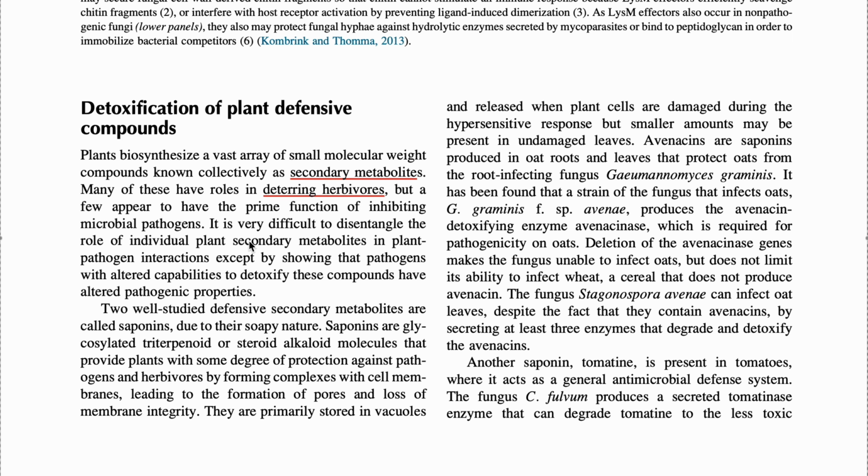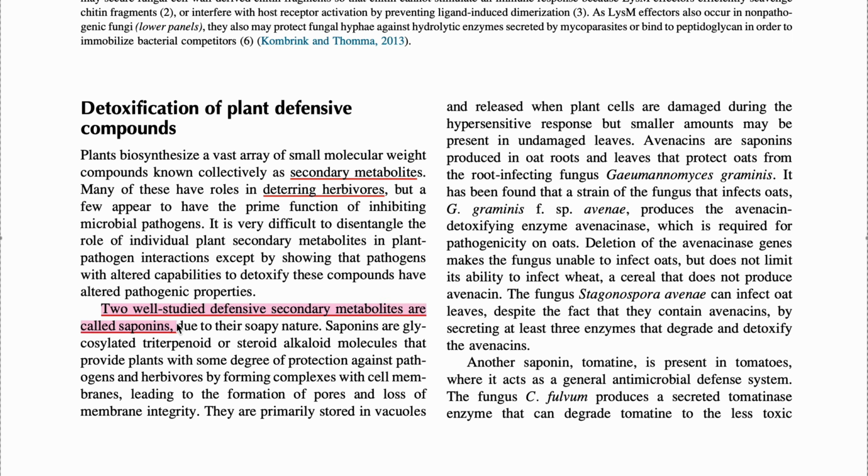Simply by showing that the presence of a secondary metabolite stops the pathogen attack, or alters the capability of the pathogen, so they consider it as active against the specific pathogen. That's it. Now, there are two well-studied defensive secondary metabolites.